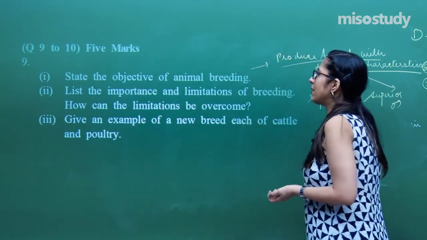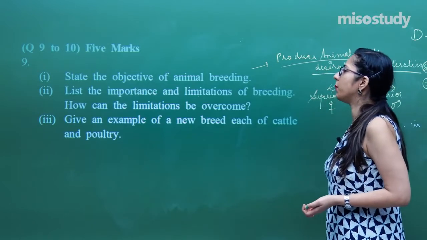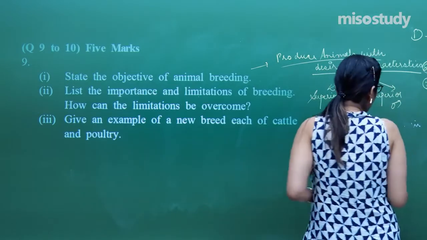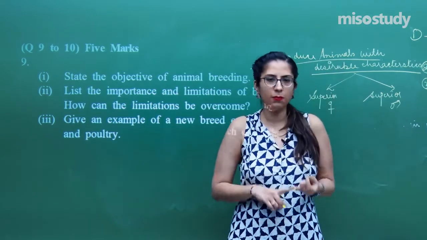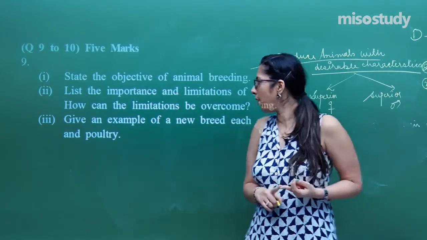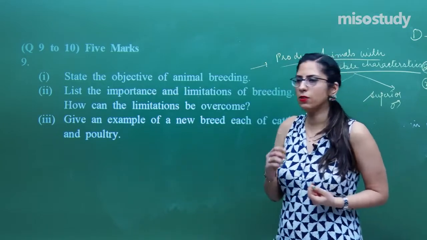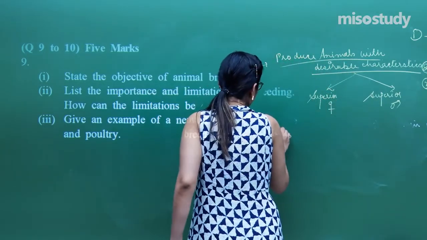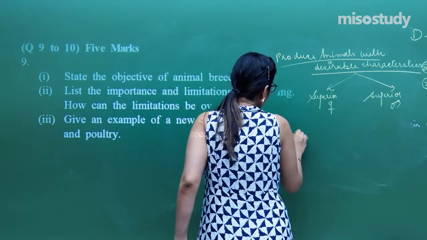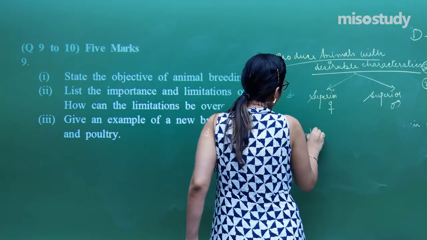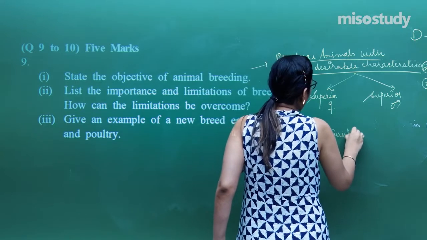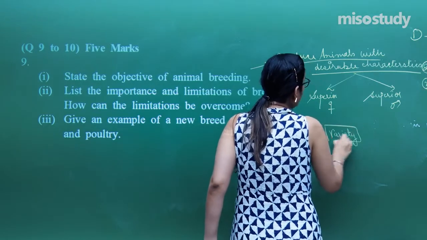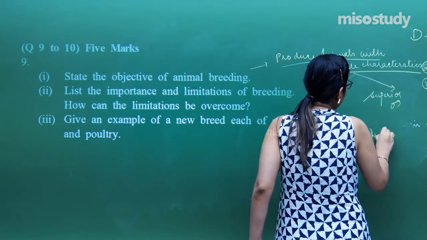Now, list the importance and the limitations of breeding. First of all, let's discuss the importance. The importance is that a good variety is obtained, which has desirable characteristics.